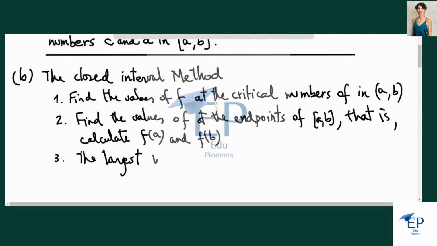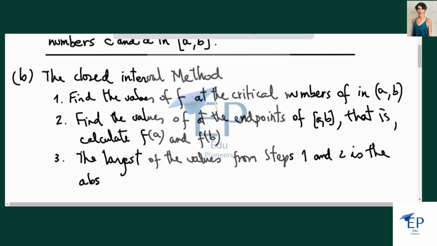So the largest of the values from steps 1 and 2, the largest of those values is the absolute maximum value of f on the closed interval [a, b].